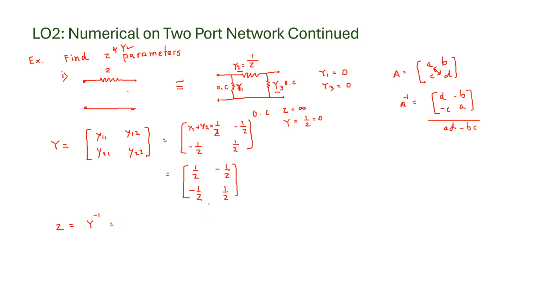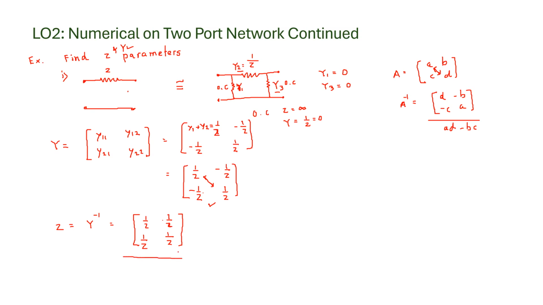So this is my Y matrix. First I interchange the diagonal elements, so it remains 1 by Z. To the off-diagonal elements I apply a negative sign: minus and minus gives plus, so here also we have 1 by z.